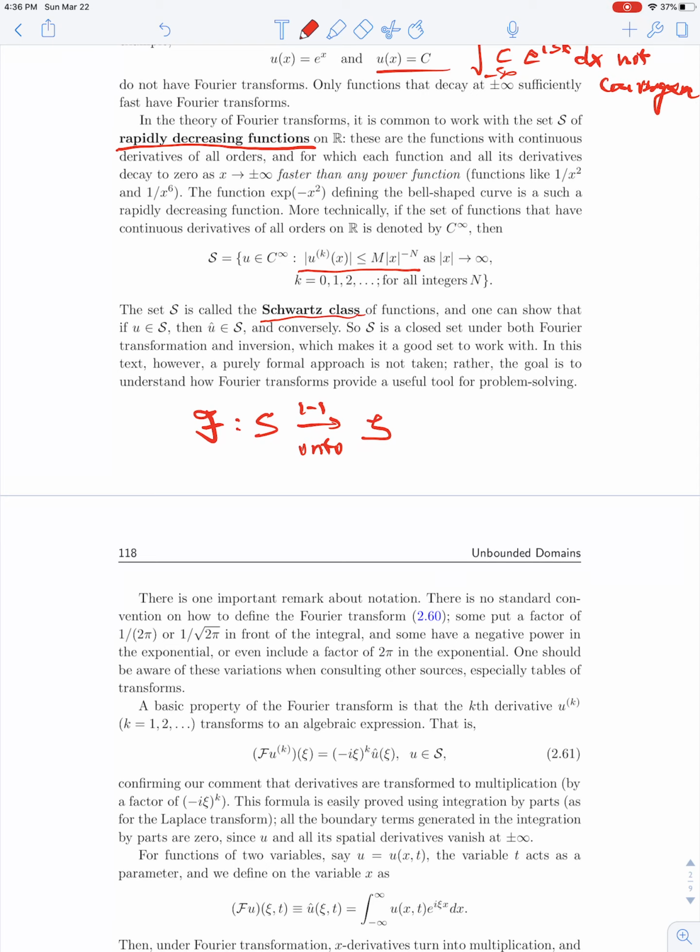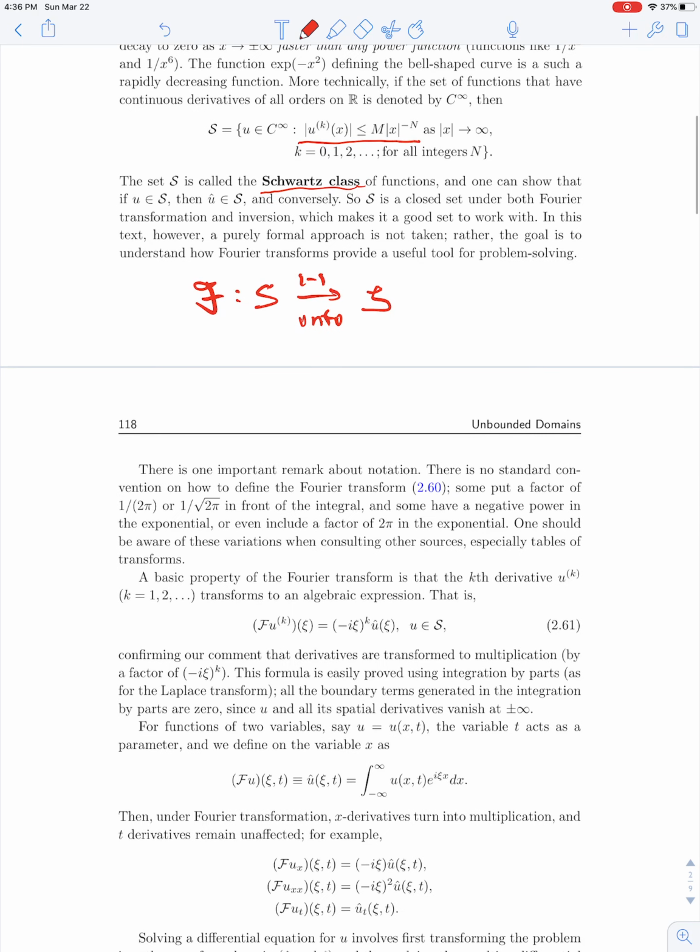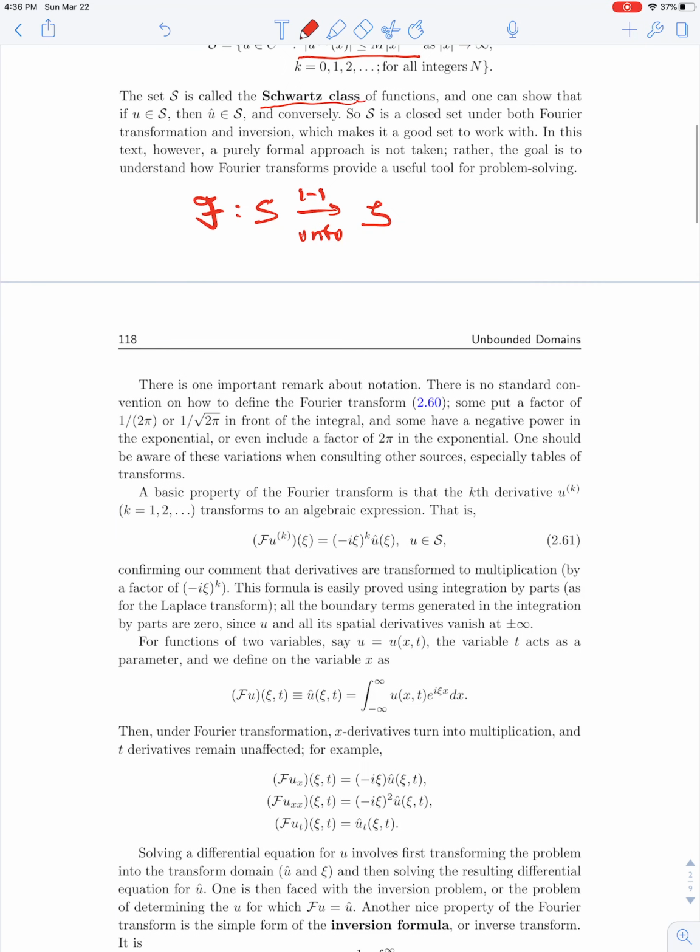So the idea of the Fourier transform is actually similar to the idea of the Laplace transform. What it means is that when you have the derivatives of the function and you compute the Fourier transform, we have a very simple formula for the Fourier transform of the derivative.